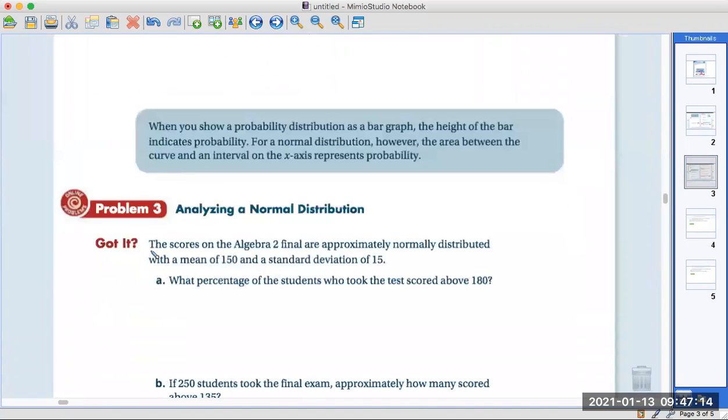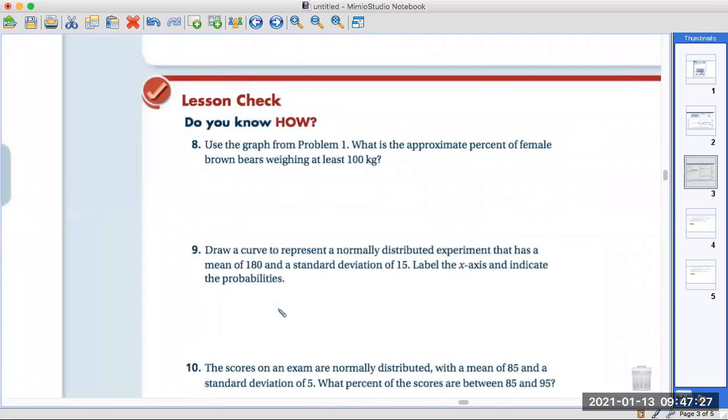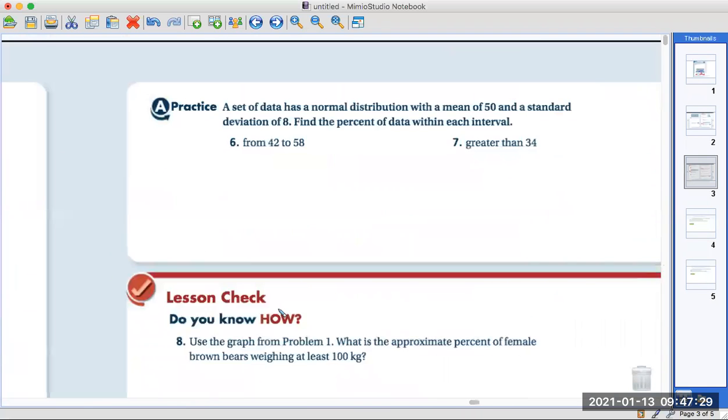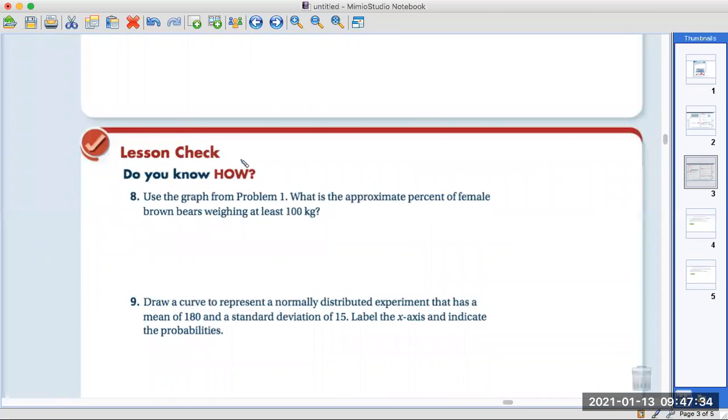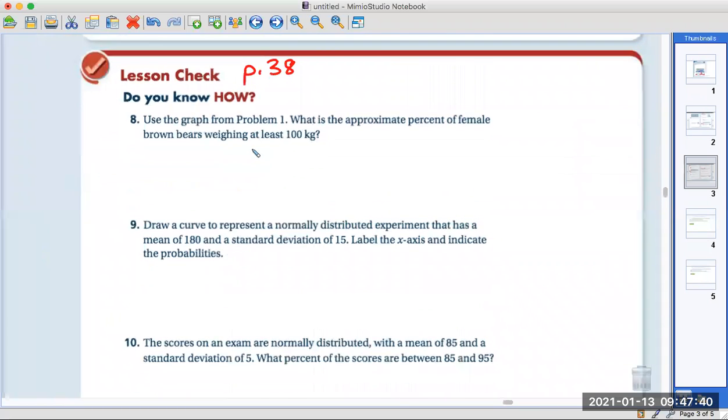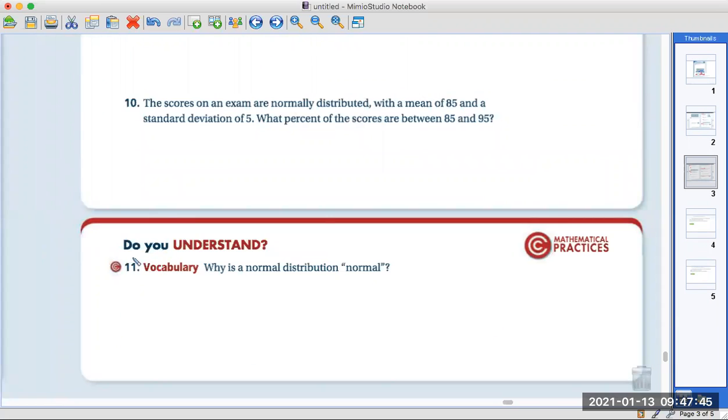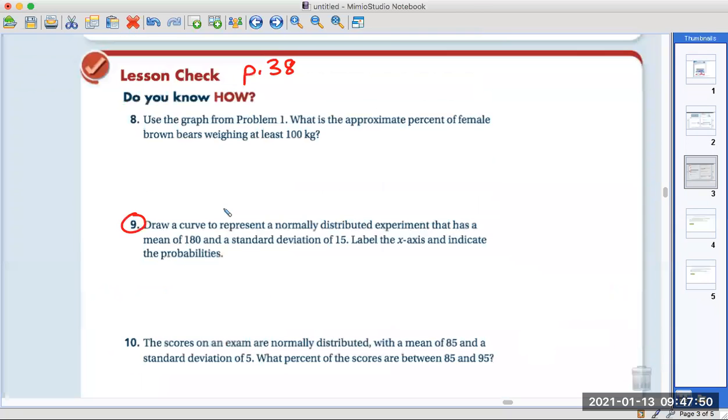And then problem 3, A and B. And then 2 more questions on the next page. That's page 38 now. Yep, page 38. And you will do number 9, and vocabulary number 11. So that's from the textbook and from your Savvas.